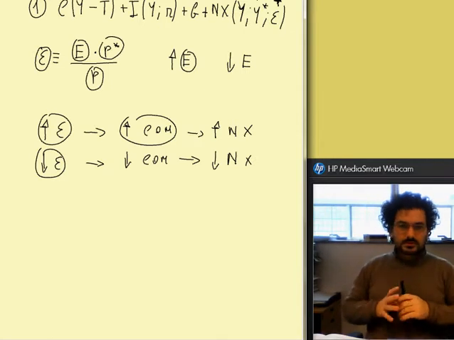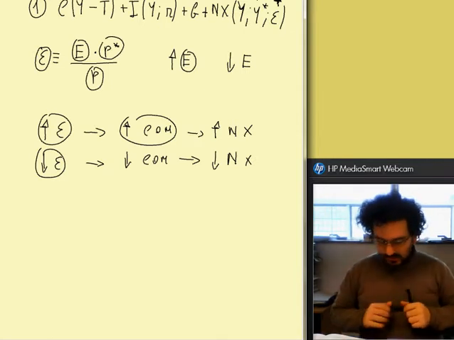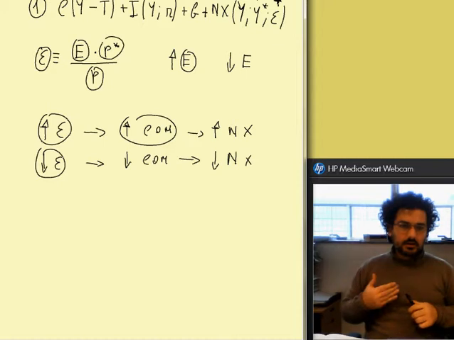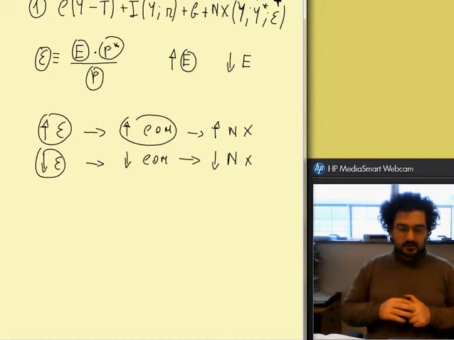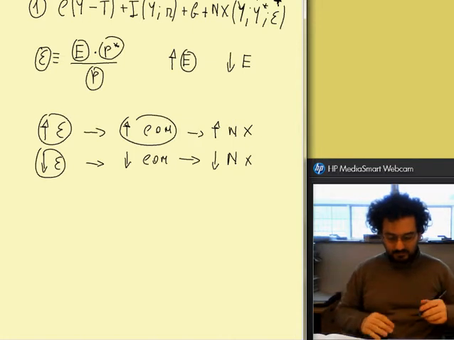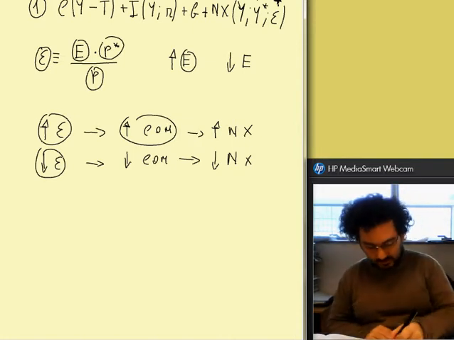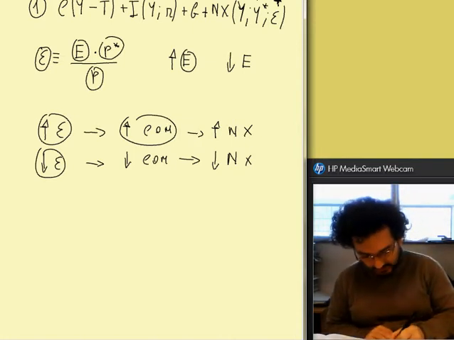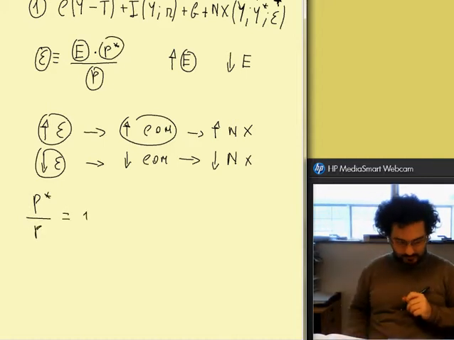Now, in order to simplify our analysis, as in the standard IS-LM model, we can take the internal and external prices, P star and P, as exogenous. We can also consider that P star over P is equal to 1.